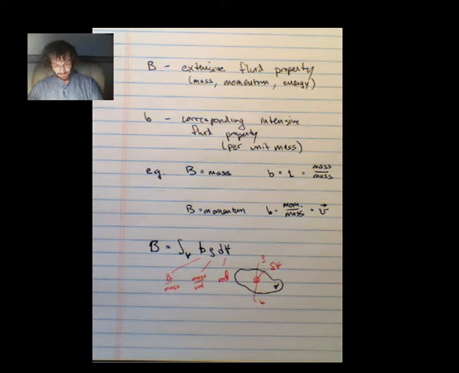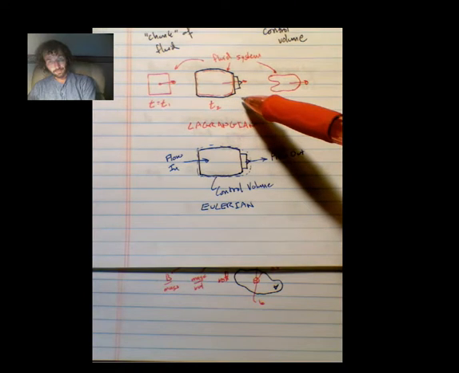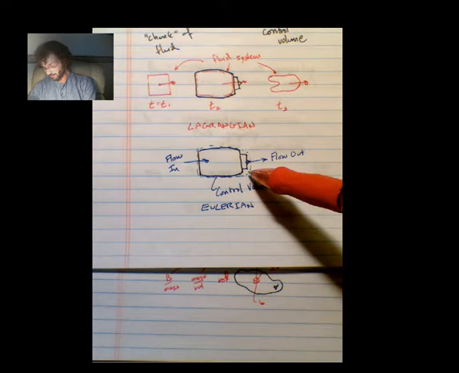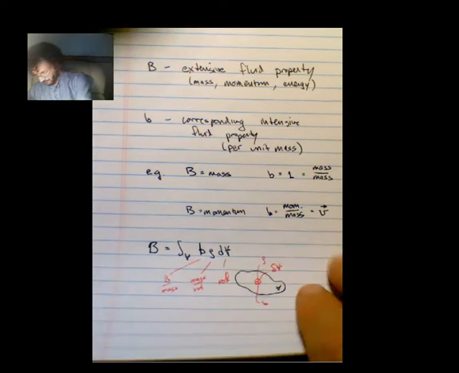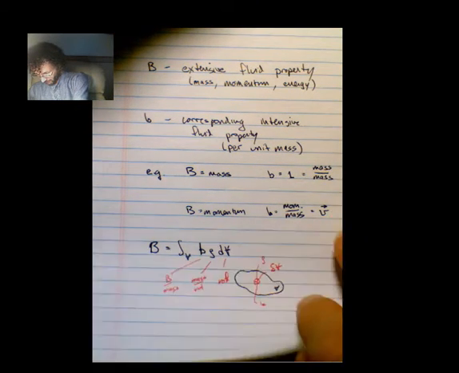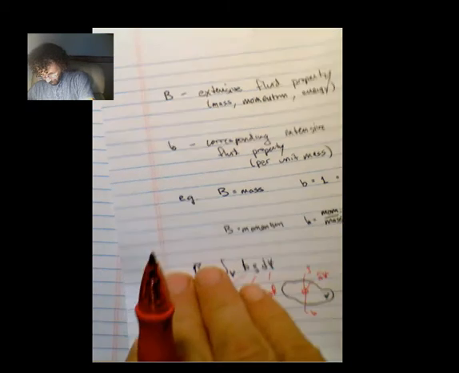And there are two specific types of volumes we're going to define. The first being like this one, the fluid system. The second being like this one, this control volume, the region of space. And they both just have this formula, but let's write them down carefully here. So this one's called the fluid system.